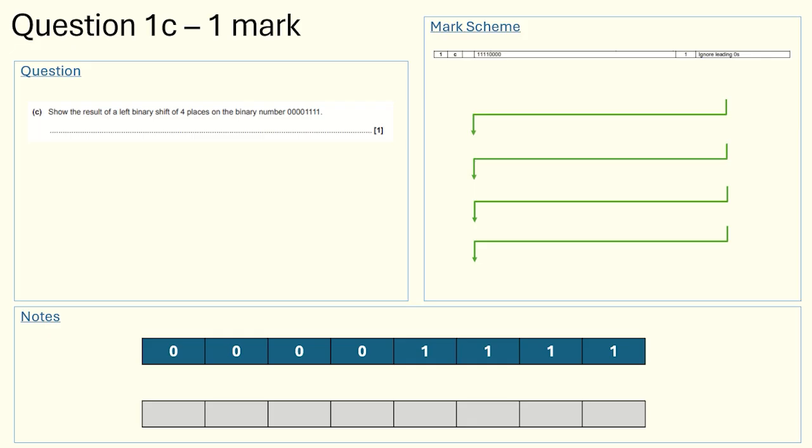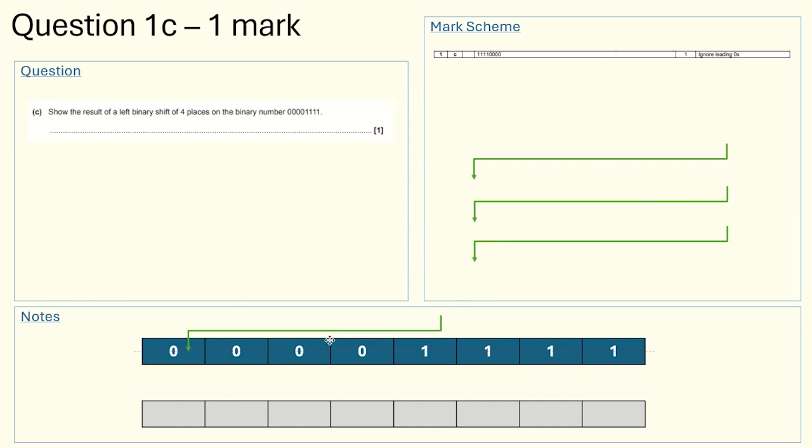Question 1C is worth 1 mark, and it says, show the result of a left binary shift of 4 places on the binary number 0000 1111. So the key points to take out of this are left and 4 places. So here's our number on this top row, and we're going to take each number and shift it 4 places to the left.